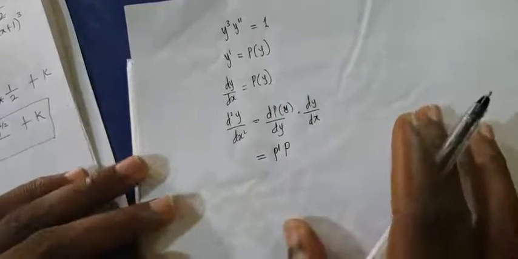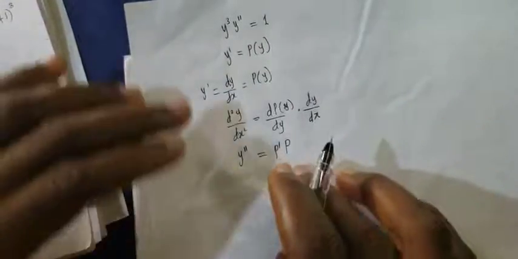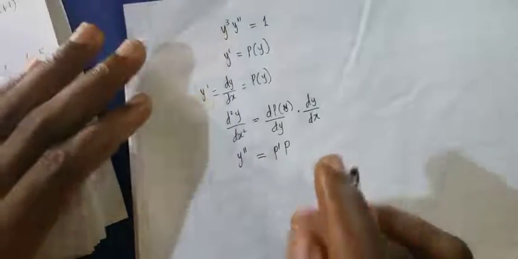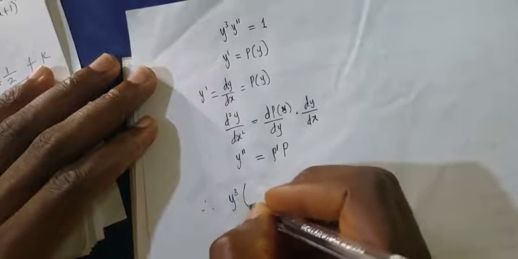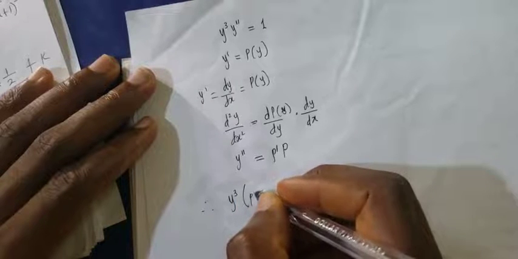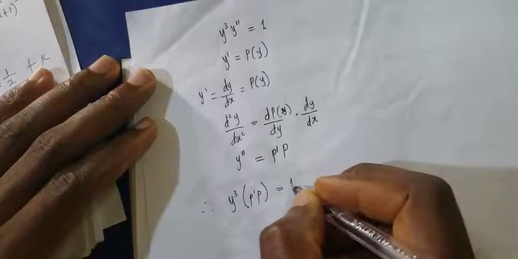All right, so that means in this case now, our y prime prime is equal to this, and our y prime is equal to p, of course. So we're going to make this substitution into the given equation. Therefore, y cubed multiplied by y prime prime, which is p prime p, is equal to 1.